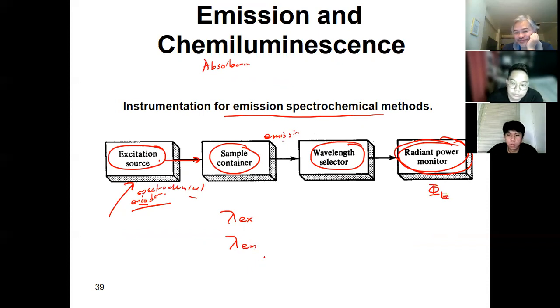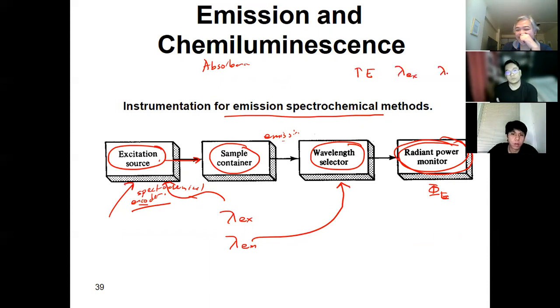So the excitation wavelength refers to this, the emission wavelength refers to this. I-excite mo siya at a certain wavelength, tapos i-collect mo siya at a certain wavelength. Alin usually yung mas mataas yung energy? Lambda X or lambda M? Usually yung excitation po, sir.